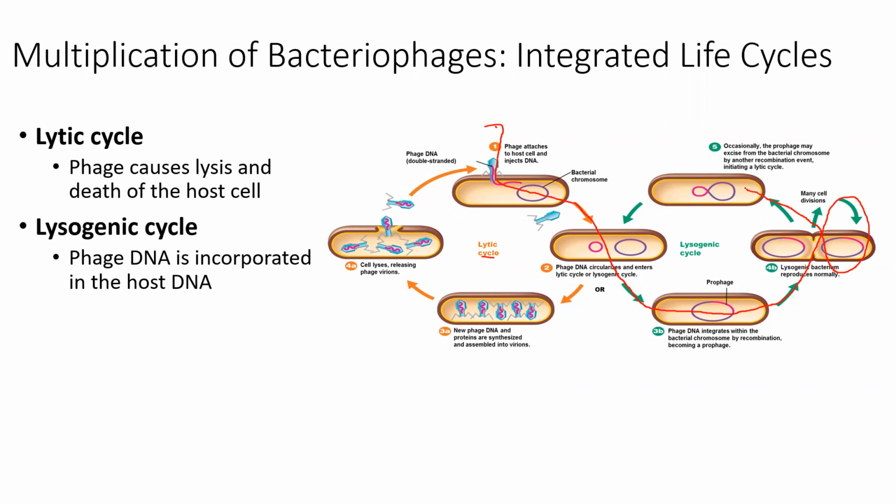When the host cell gets stressed out, the viral DNA is removed from the host cell DNA, and then it enters back into this lytic pathway. Okay, it goes into biosynthesis where it copies the viral DNA, it makes all the protein components, and then the new viruses are going to mature, aka self-assemble.